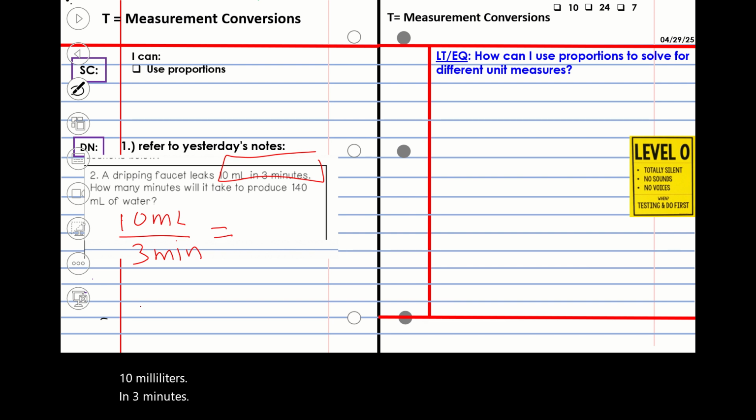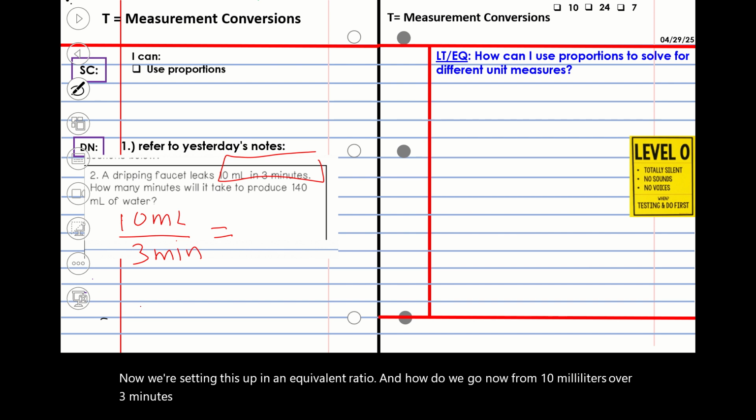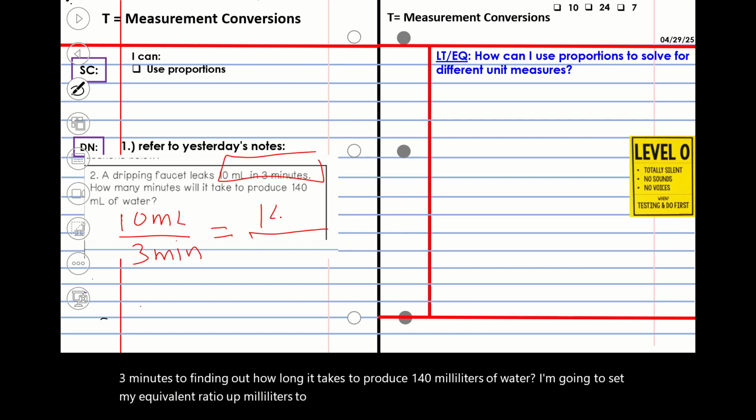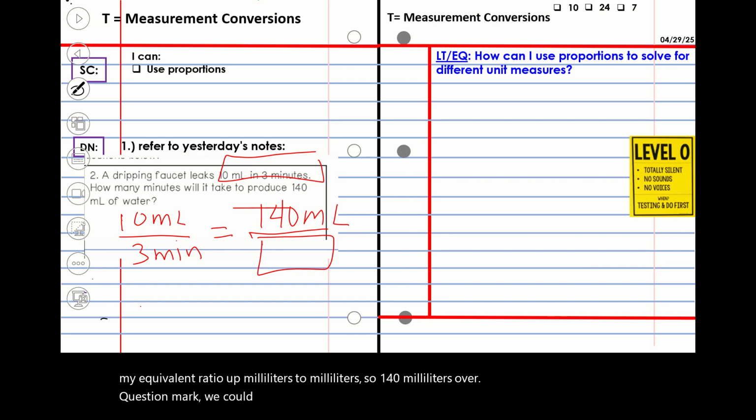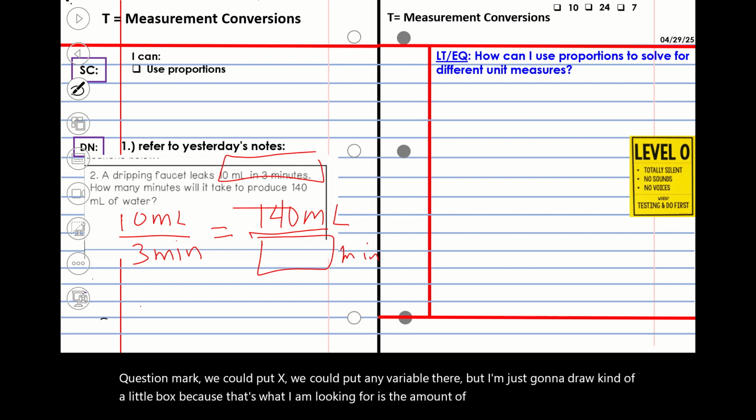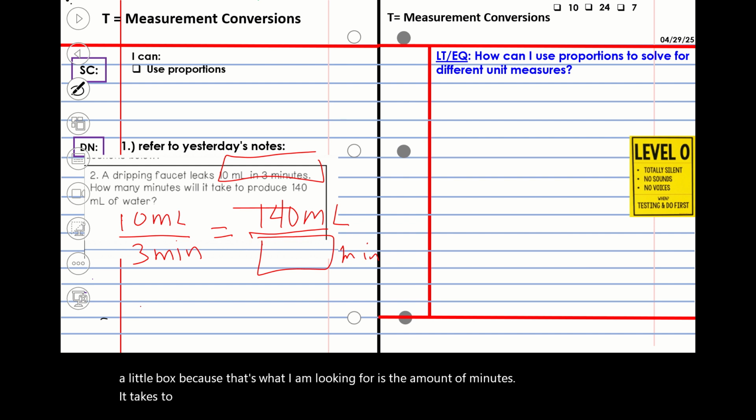Now we're setting this up in an equivalent ratio. And how do we go now from 10 milliliters over 3 minutes to finding out how long it takes to produce 140 milliliters of water? I'm going to set my equivalent ratio up milliliters to milliliters. So 140 milliliters over question mark. We could put X, we could put any variable there, but I'm just going to draw a little box because that's what I am looking for, the amount of minutes it takes to produce 140 milliliters.